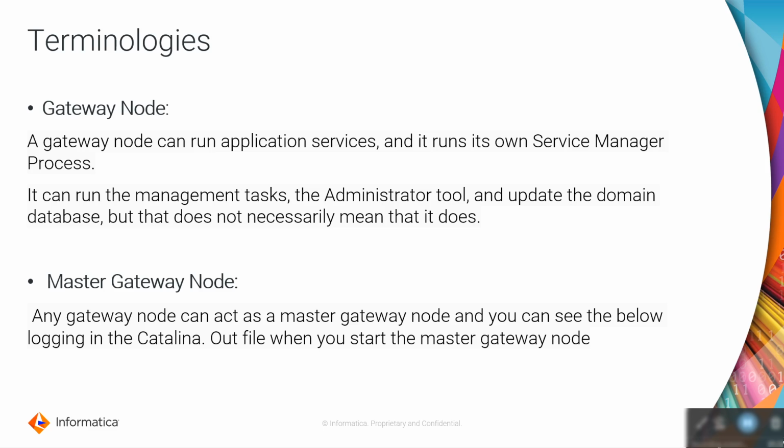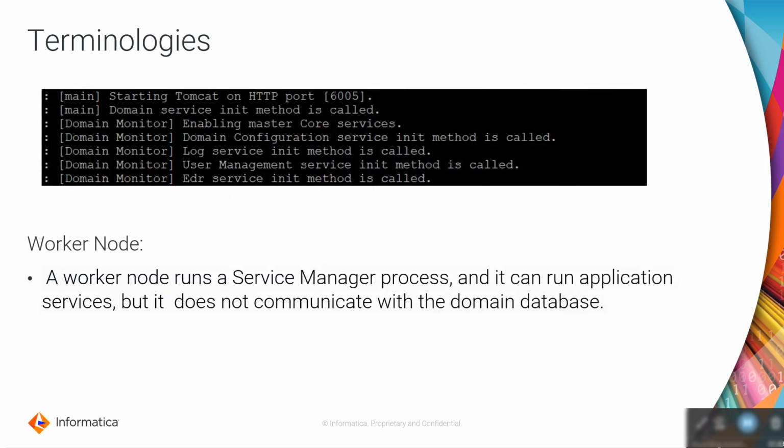If you want to identify which of your nodes is acting as the master gateway node, you can check it via the logs. If you check the catalina.out file, you can see logging of messages something like this, that it has started the Tomcat process and it is initiating the various services.